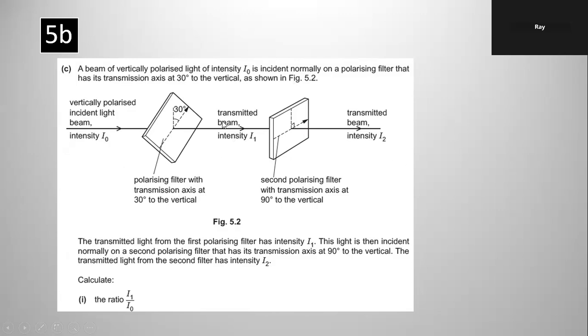The light is then incident normally on a second polarizing filter that has a transmission axis at 90 degrees to the vertical. The transmitted light from the second filter has an intensity I2. You want to calculate the ratio of I1 to I2.